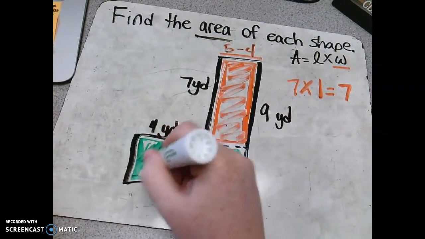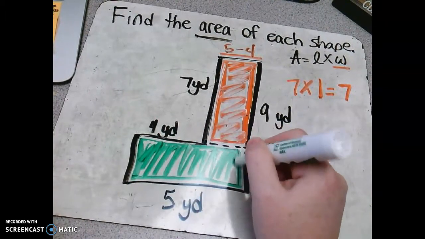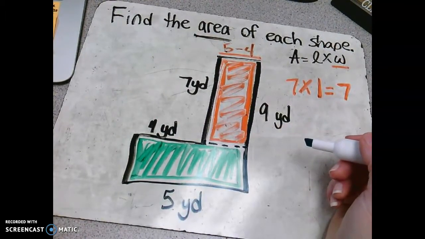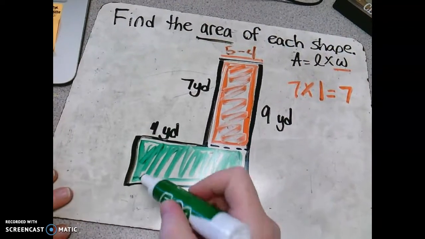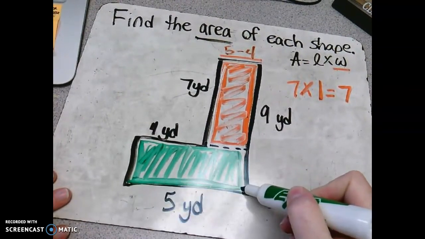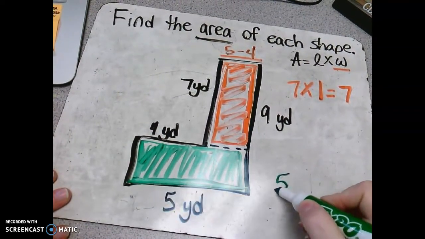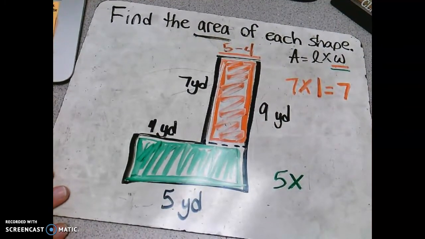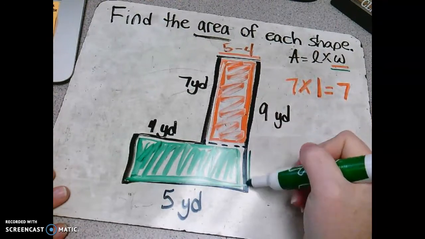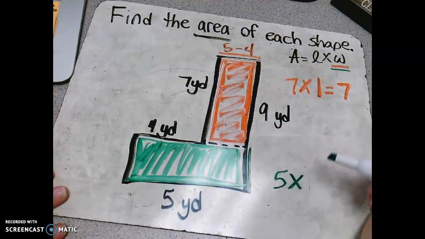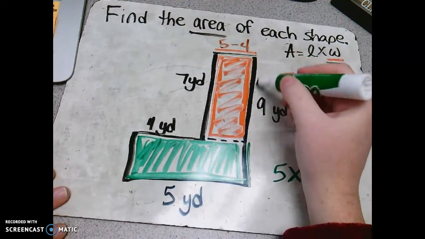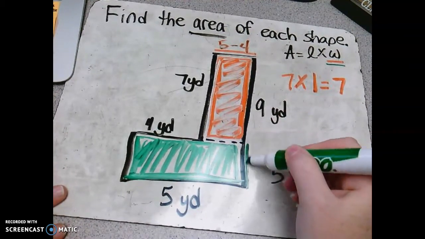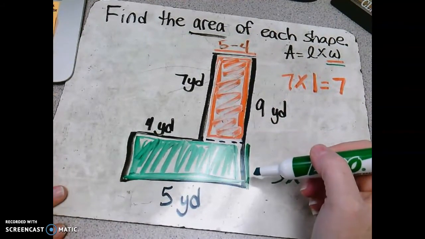Now we need to find the area of our green rectangle, okay? We know one side, this long side right here, is 5 yards, so I'm going to do 5 times, and we just need to find the width again. So we need to find the length of this part right here. Now if this full side is 9 yards, this small one is not, okay?